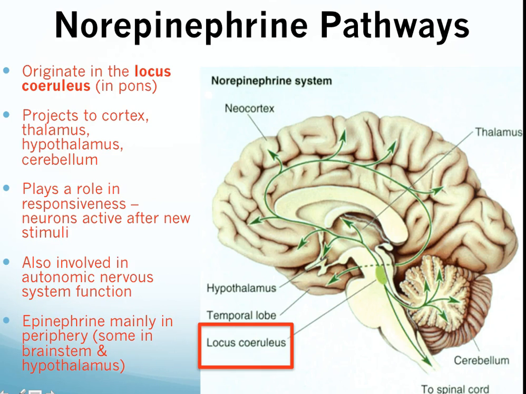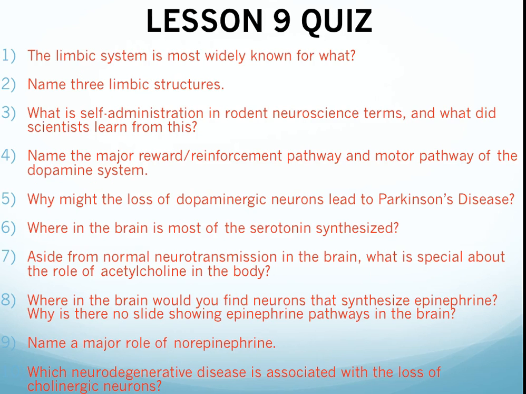In fact, most of the epi is produced in your adrenal medulla gland, which is why we don't really have a schematic here where we're going to show epinephrine signaling in the brain, but it actually is made in a couple of different places in the brain. But for now, we're going to kind of sort of ignore epinephrine, adrenaline, and we're going to talk a little bit more about norepi in this class, okay?